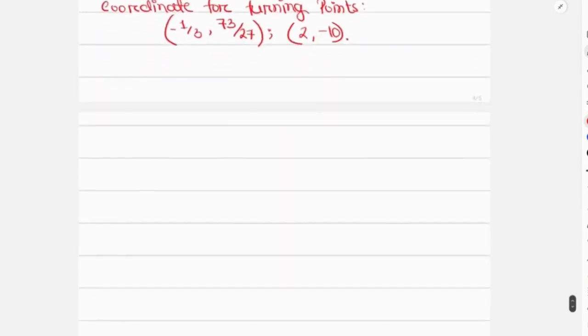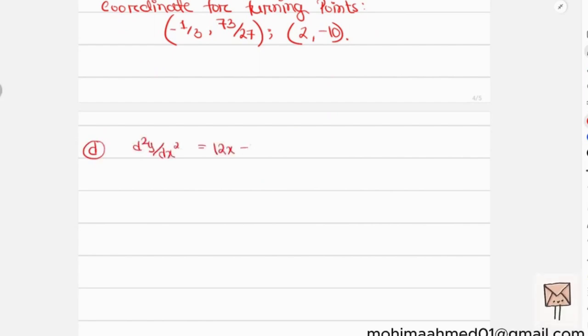So I'm going to write it down over here that d square y dx square was 12x minus 10.